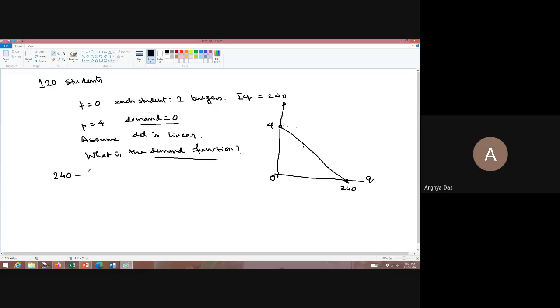How did you get this? That is the straight line intercept form: p by 4 plus q by 240 equals 1.